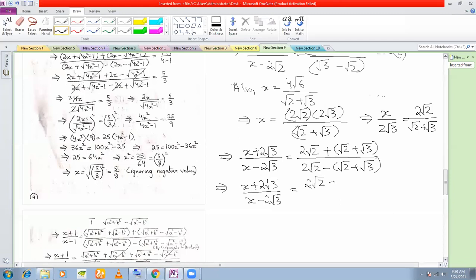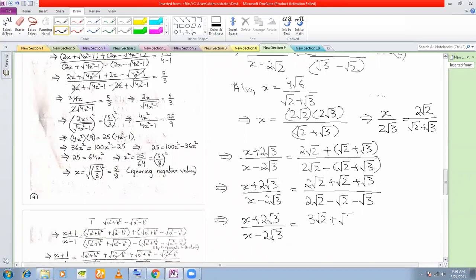Open the brackets. So now here, on the right hand side, what do you get? 2 root 2 plus root 2 will give you a 3 root 2 plus root 3.